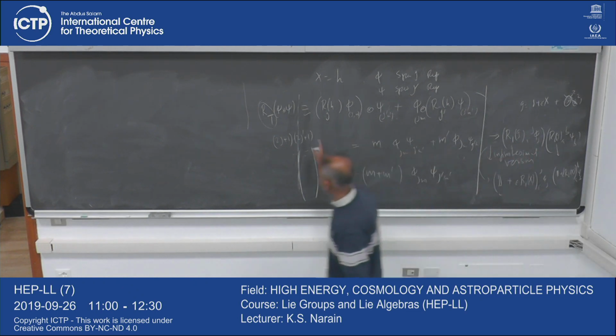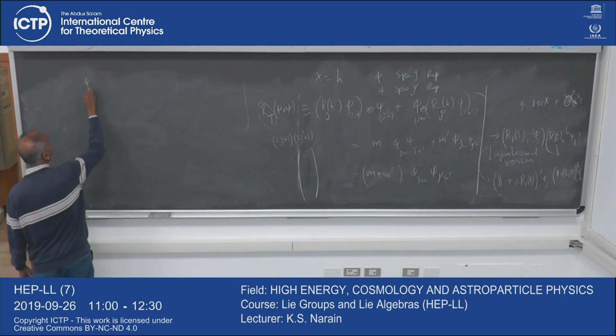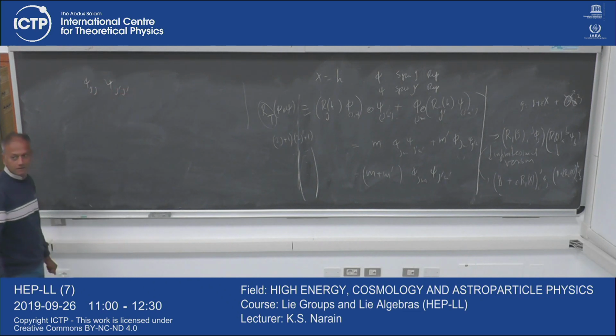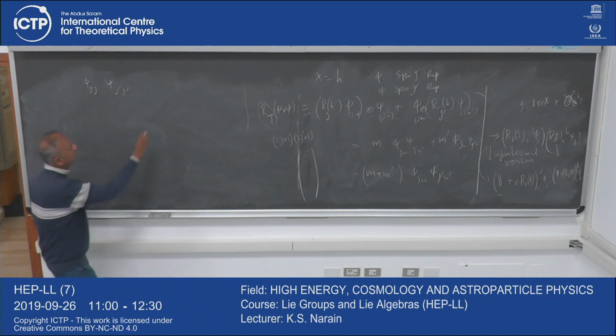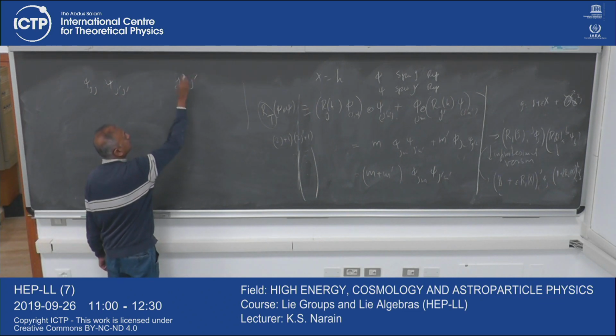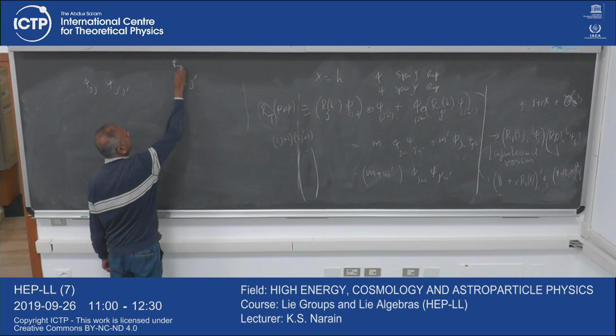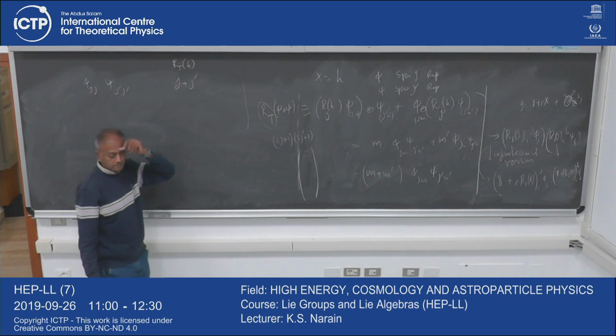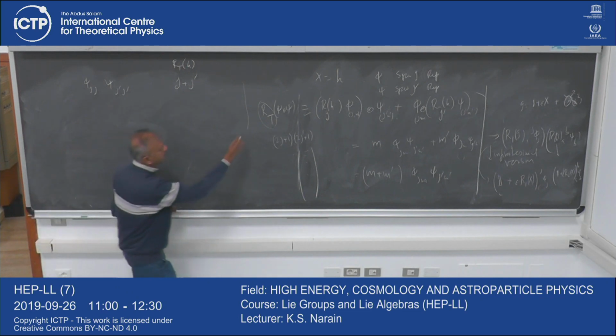So certainly there is a state phi j times psi j prime, and this has eigenvalue j plus j prime. This is the eigenvalue of R(H). I forgot to write that H.